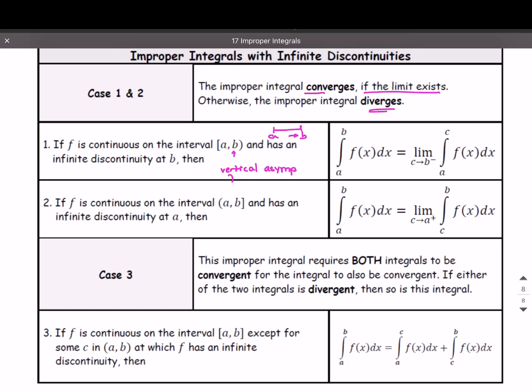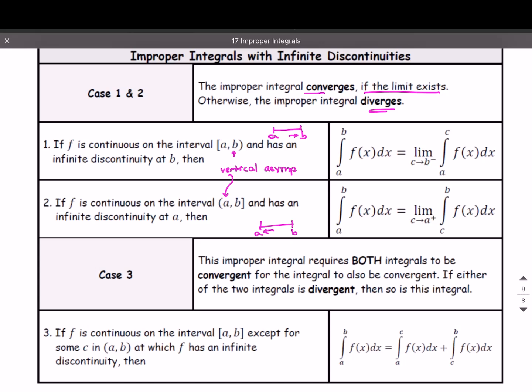Now, if the vertical asymptote is at a, then we would change the integral from a to b of f of x dx to the limit as c approaches a from the right. Because again, if we're on this interval and we're coming towards a, we're coming from the right. The third case is when f is continuous on the closed interval from a to b, except at some value c in the open interval, so it's somewhere else.